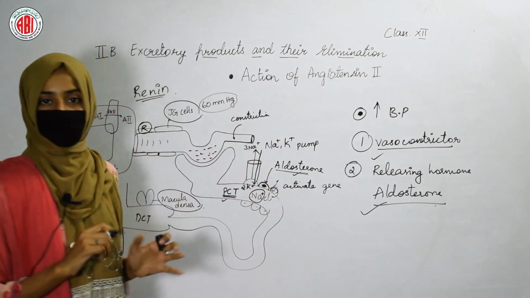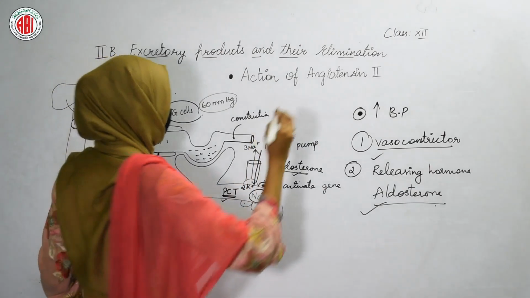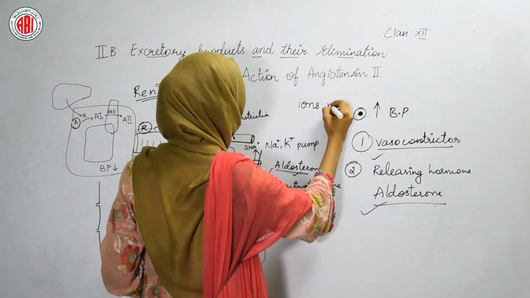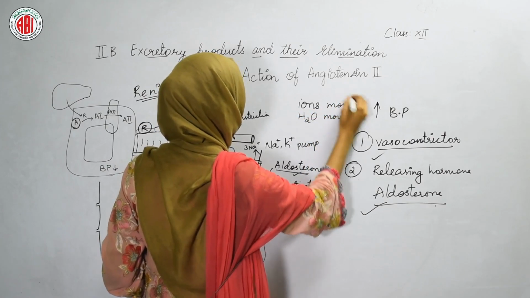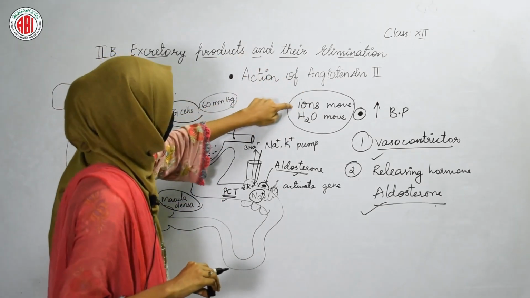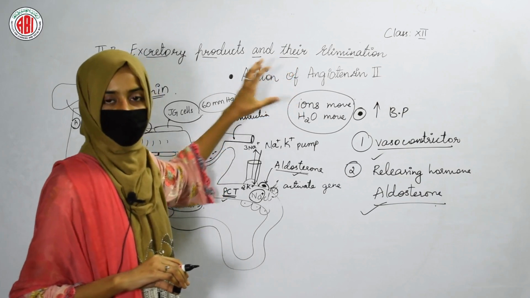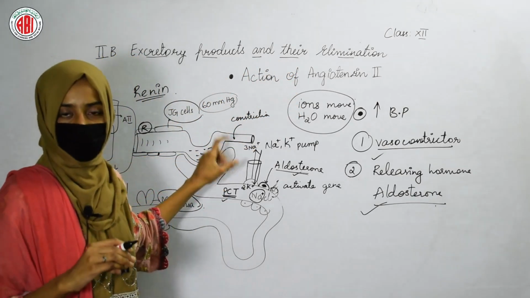This is how the entry and exit of ions takes place with the help of the sodium potassium pump. One basic rule in biology that we need to remember always is that whenever the ions move, the water will also move along with the ions. Water is an ion lover. So here the sodium and potassium are the ions.